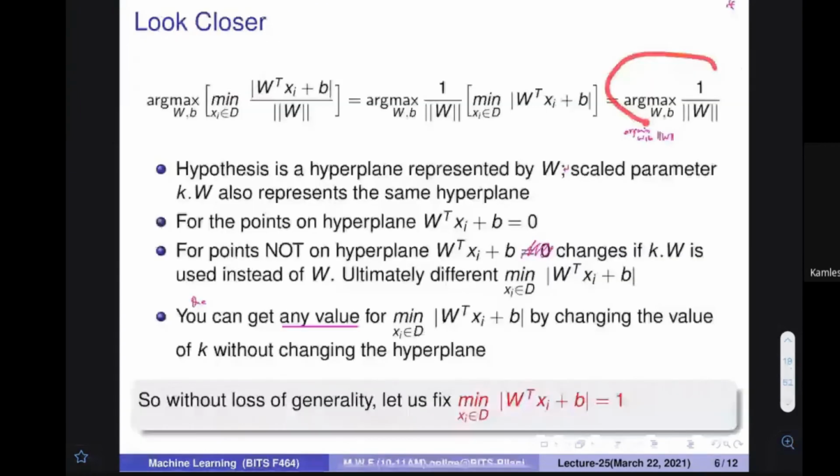We want to find the parameters such that this value is maximized. Since it is 1 upon W, instead of max we can write a minimization problem: we want to minimize the norm of W. Norm of W, I should not say mod.